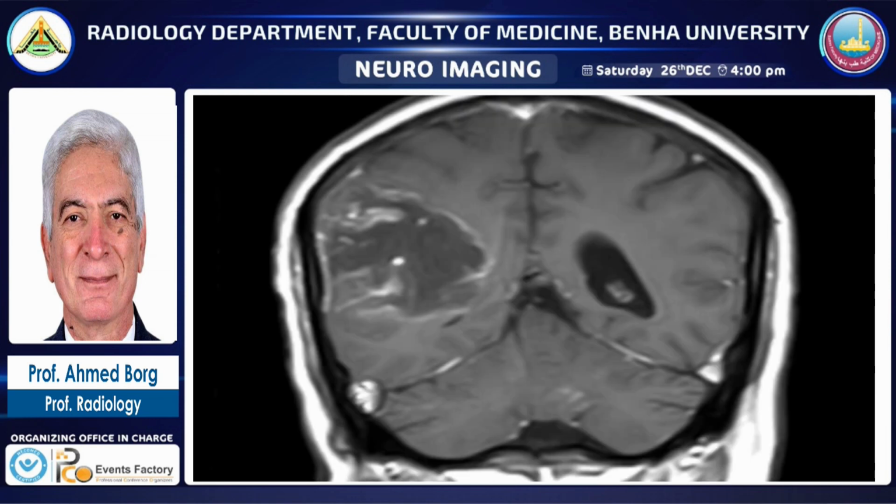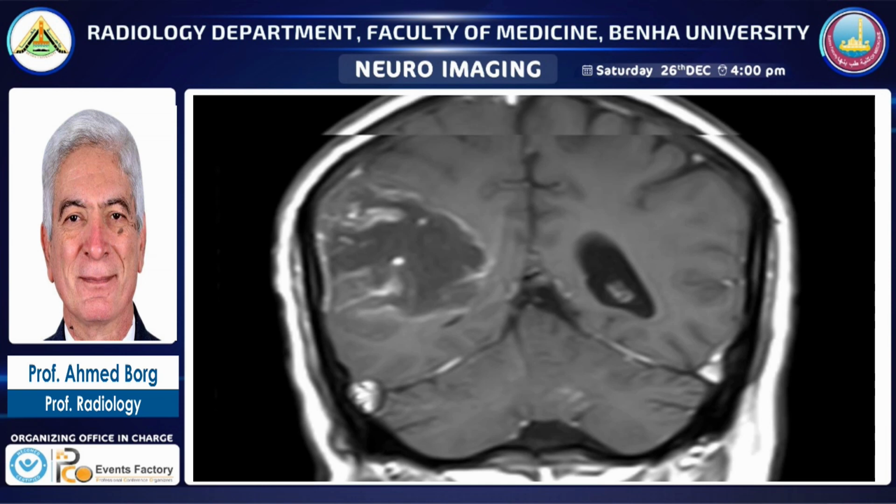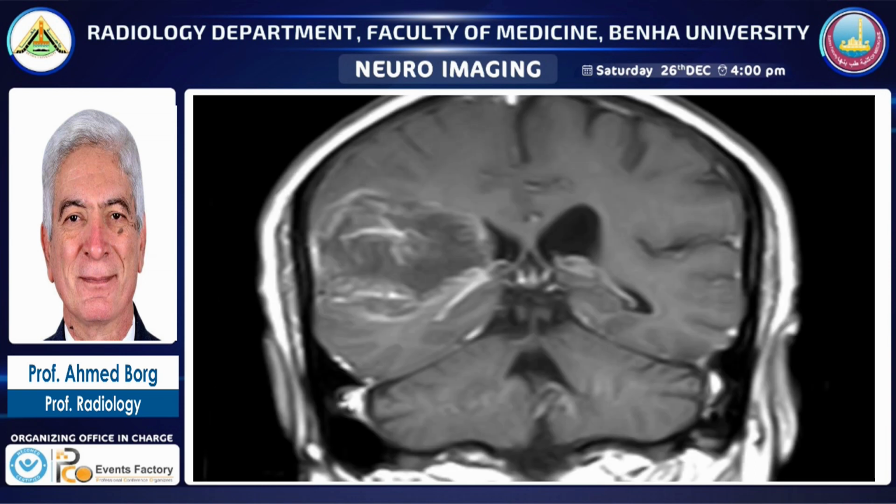The epicenter here is in the white matter. If the mass is large, it will also reach the cortical gray matter, as in this case. So there is a mass here with mass effect, and there is rim enhancement.